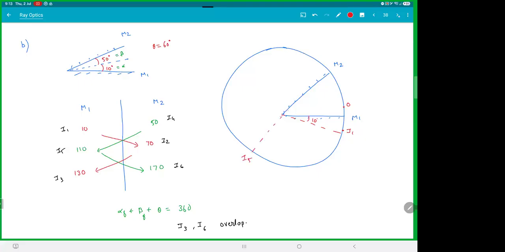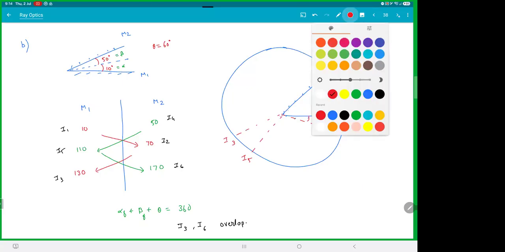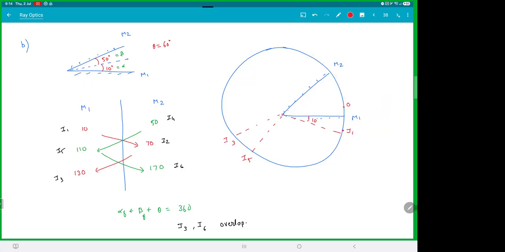I3 would be 130, so that would be here. On the other side, if you see the images, 50 would be on the M2 side, so that would be somewhere here. I'm just drawing them roughly. So this would be 70 here. I6 will be 170 here, so this guy would be I6 again. So 1, 2, 3, 4, 5 images.